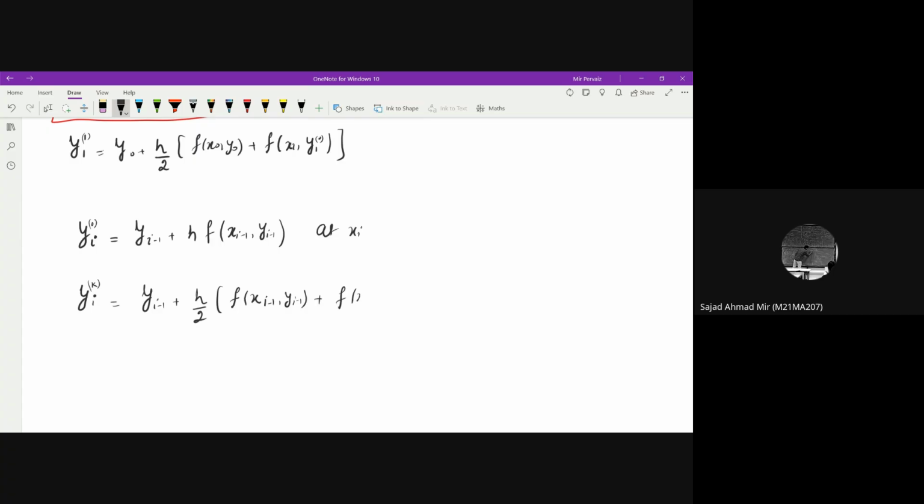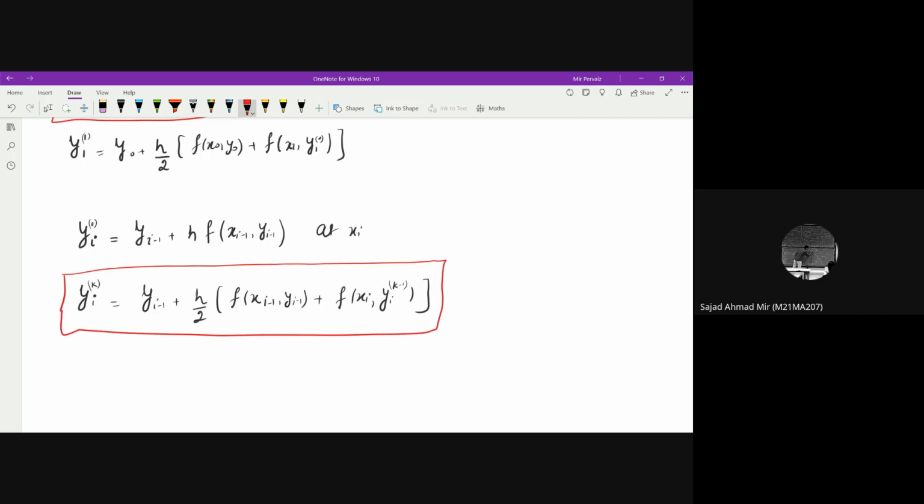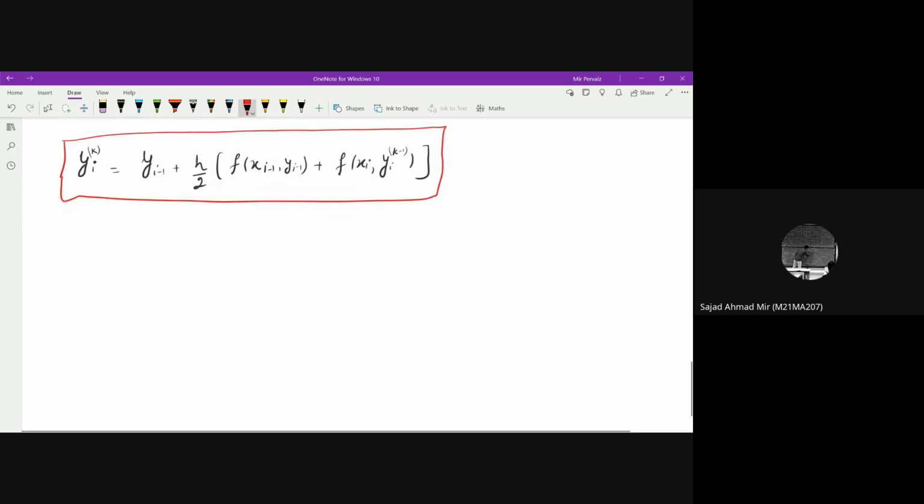Is it clear what this method is doing? So this will be your general scheme. You can use this modified Euler's method also.